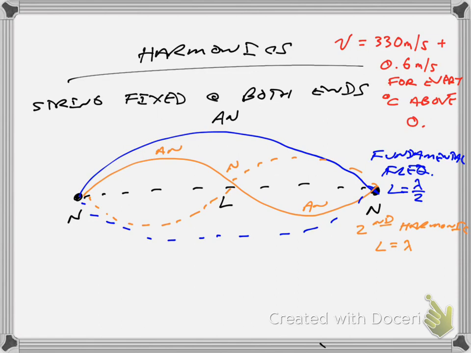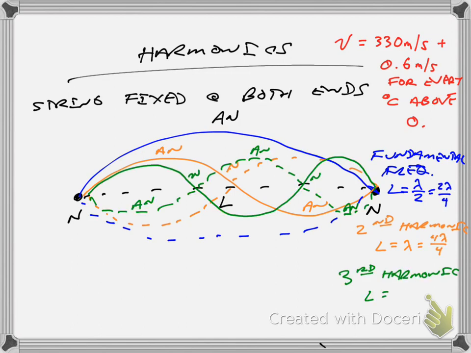And then of course the next frequency for this scenario is going to add another node, and it's going to look like this, with two nodes in the middle in addition to the two nodes on the end, a total of 3 antinodes, the so-called third harmonic. And then, of course, the length is 1.5 wavelengths, or 3 halves.